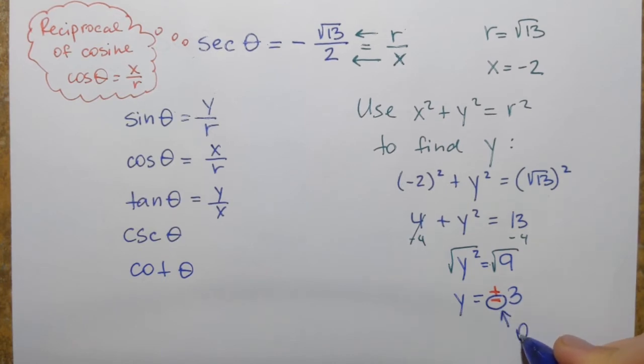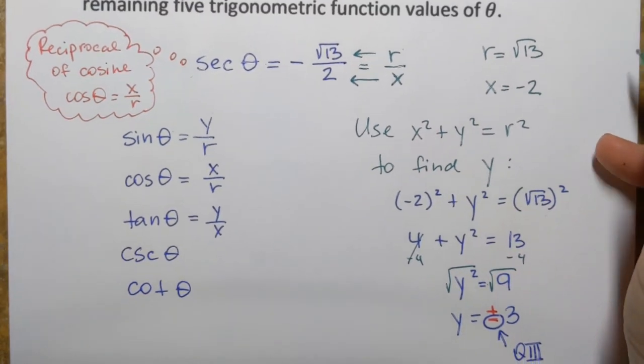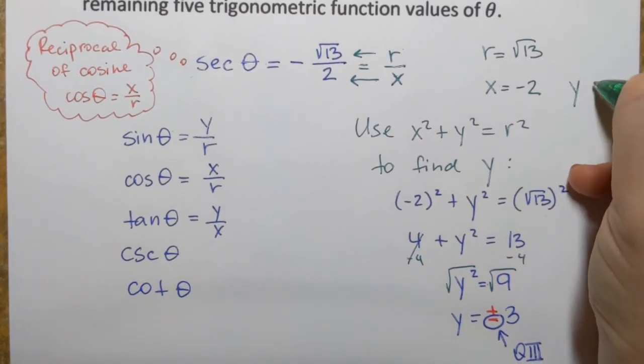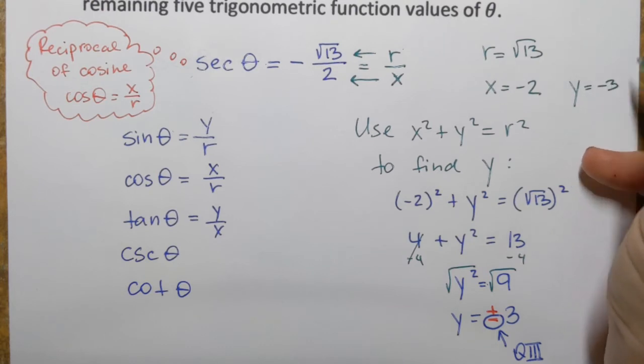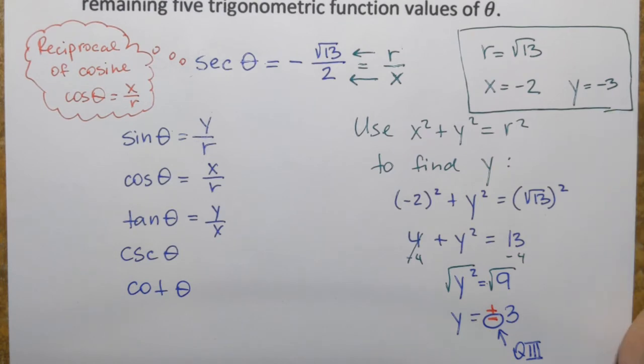So that's Q3. And that's how you determine at this point what sign to choose. Look at the given quadrant. So y equals negative 3. I can add it to my list here. Y equals negative 3. And now I have everything I need to determine the remaining 5 function values.